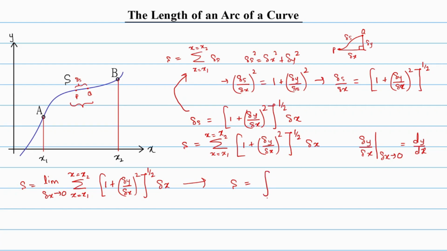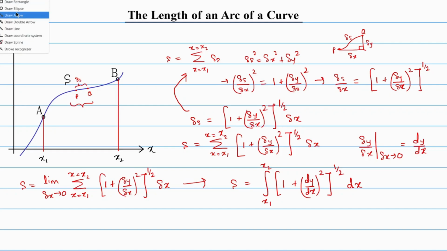Therefore, the integration sign from x1 to x2, 1 plus delta y over delta x becomes dy by dx, squared, entire thing raised to the power of half, dx. And this is the equation that we are going to use to calculate the arc length of a curve.